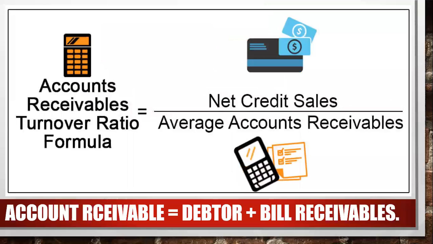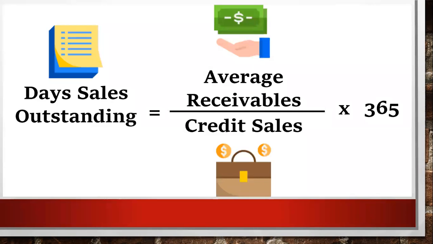In the turnover ratio, the ratio is credit sales upon average debtor or average account receivable. But when you find the debtor collection period, you just reverse the formula. So the formula is account receivable upon credit sales, but the extra is you have to multiply by 365 or 12 or 52.